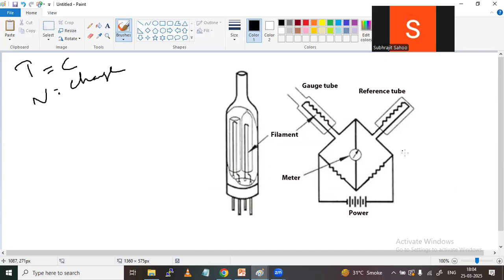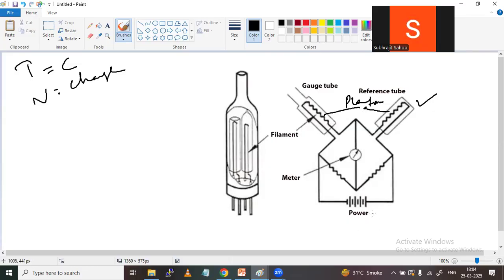Very simple. Here the construction is a little bit different. There are a reference tube and a gauge tube. Both wires are platinum wire, or nickel or tungsten wire. Now, here is the power supply.